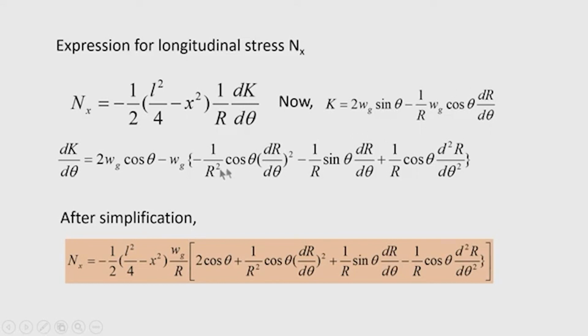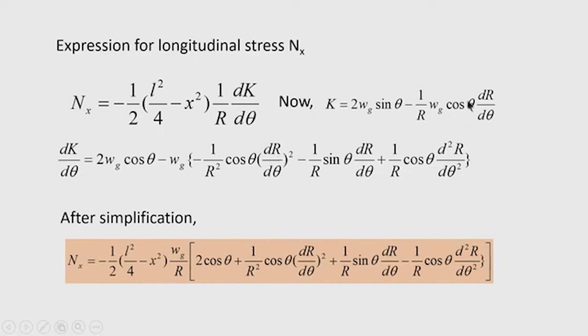Here it is differentiated. First I differentiated 1 by r. When I differentiated 1 by r, it becomes 1 by r square, then d r d theta will be there. So d r d theta again combined with this will give d r d theta whole square, and cos theta will be here as it is. Then I go for differentiating the other quantity.